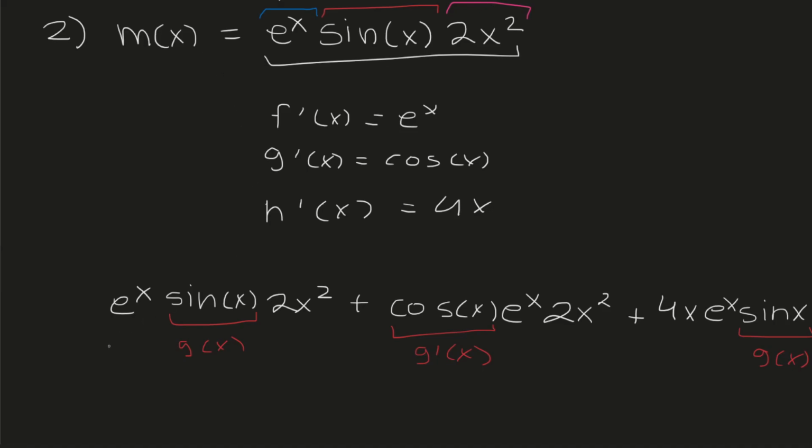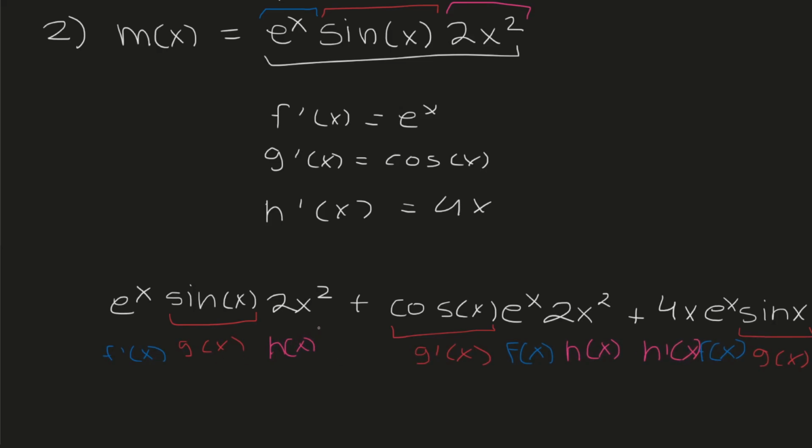And we have f prime of x here, f of x here, and f of x here. Finally, we'll have the last function h of x, h of x here, h of x here, and finally h prime of x in this case.